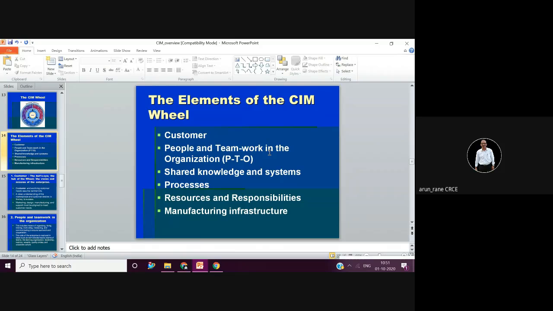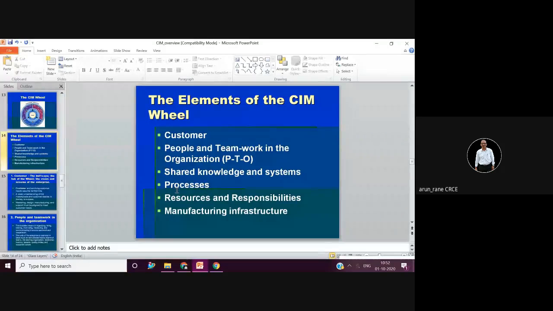Even a team made up of one person, like the panwala, for him also teamwork is important. There is a team because he is also getting raw material and delivering finished goods to the customers. So he also has to work in a team, understand? Only then will he be able to make the business. Then there has to be sharing of knowledge, otherwise that goes into monopoly.